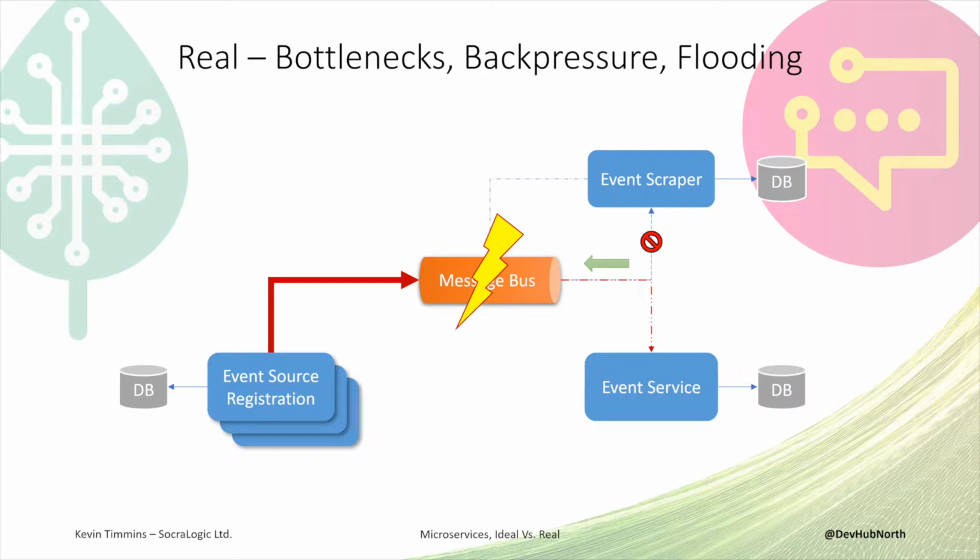Which in turn means that the system's not actually able to operate correctly. We can see that the event scraper is starting to fall over. It's not able to operate at all. The event services, it's kind of okay, but you know, it's struggling.